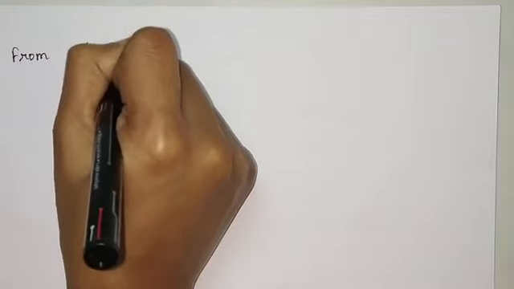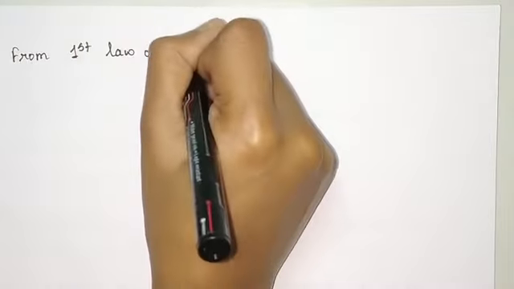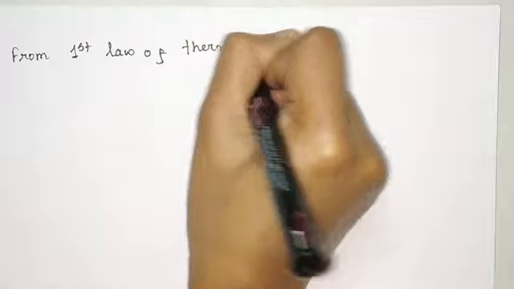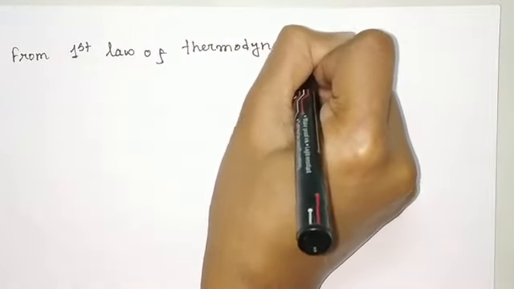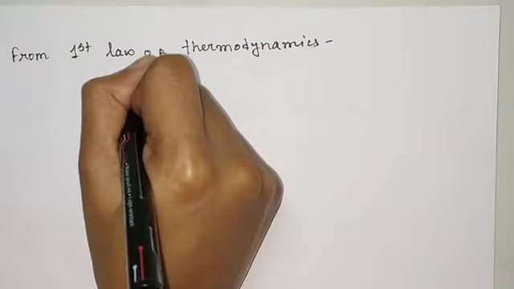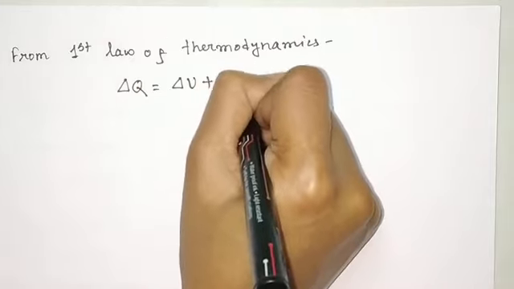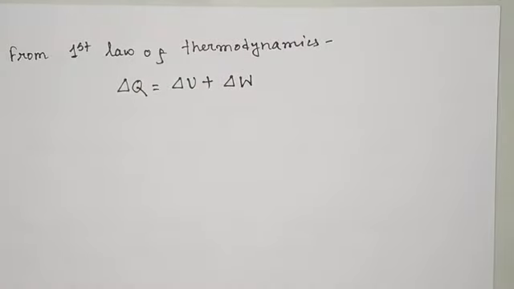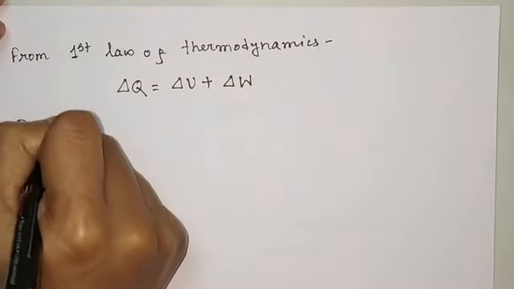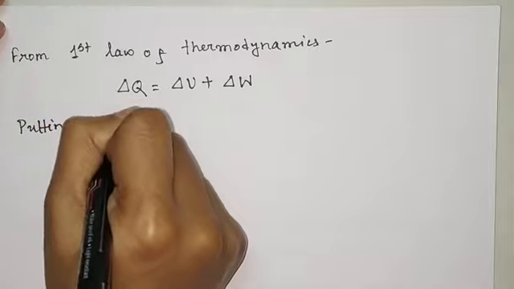From the first law of thermodynamics, we know that delta Q is equal to delta U plus delta W, where delta W is the work done in that process.